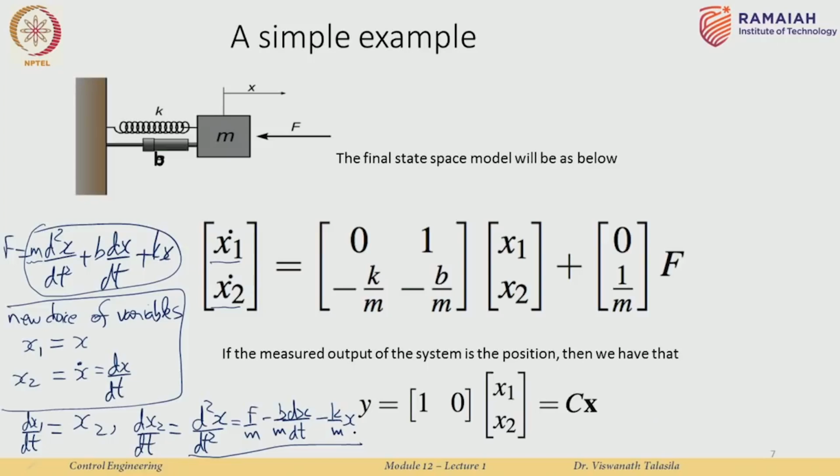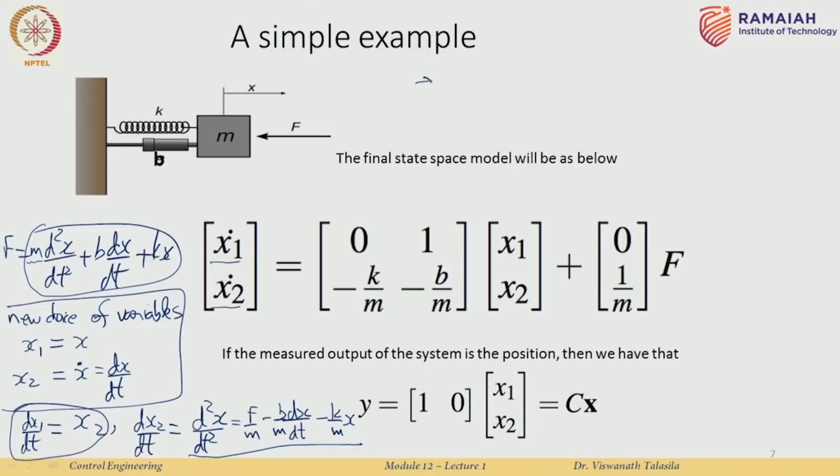Now, if you look at the first equation over here, you see that I have expressed x1 in terms of x2. What I would like to do now is to express x2 also in terms of x1 and x2 if possible. So let us see how to do that.